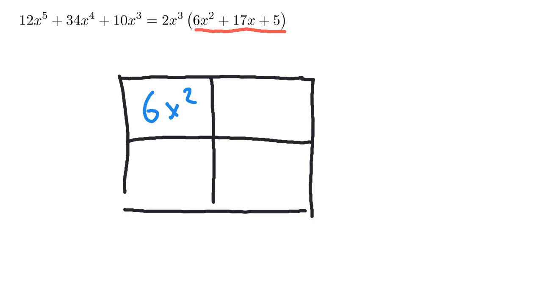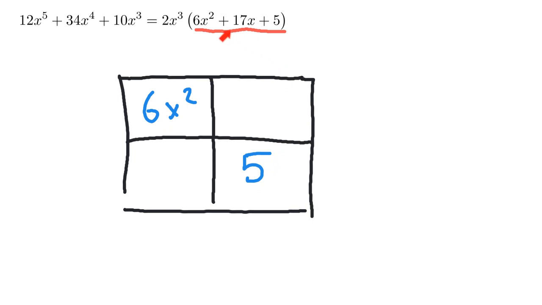Then you take the constant term, which is the number on the end, the positive 5. That constant term goes in the lower right-hand corner. So 6x squared, first term in the upper left, constant term, last term, in the lower right. So that's how you set it up.